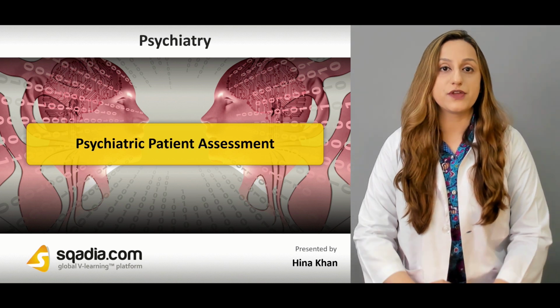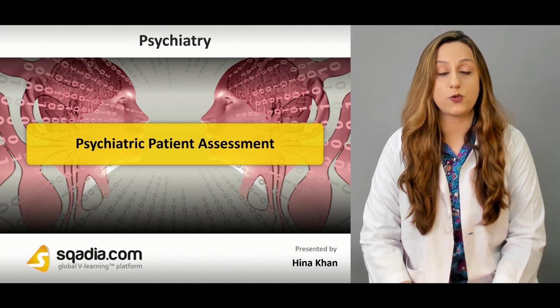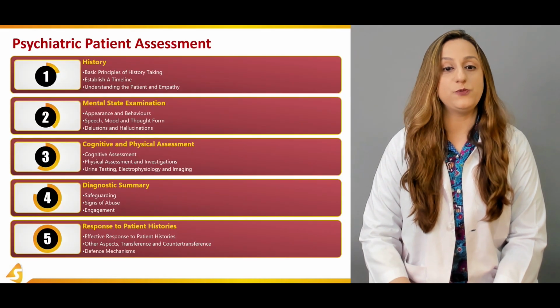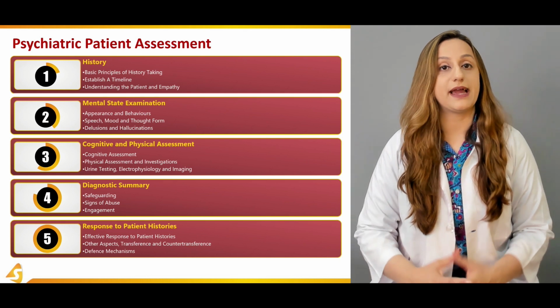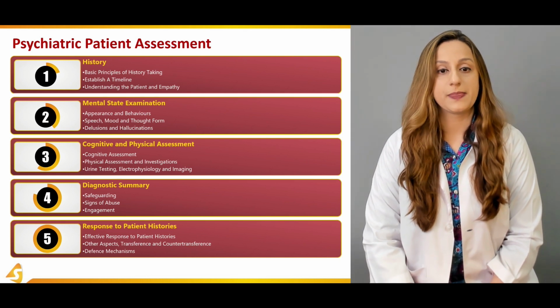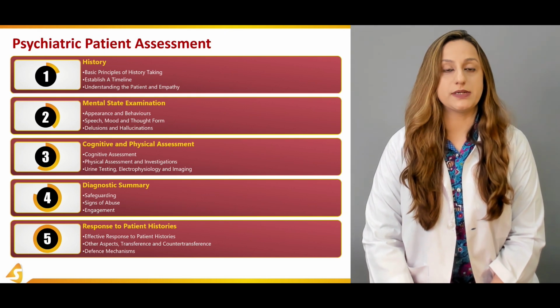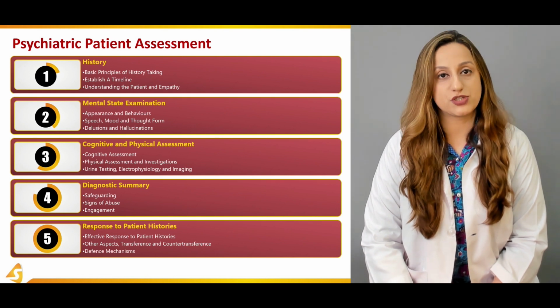This is because of their thought content and obviously their thought form, which is quite deviated in a lot of cases. So in the first section, we'll be dealing with history taking. How do you take the history from a psychiatric patient? That is very important. The basic principles of history taking usually differ from normal history taking, which is usually taken in the medical or surgical wards.